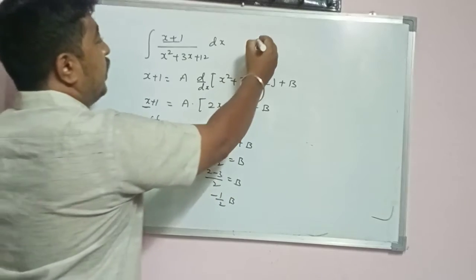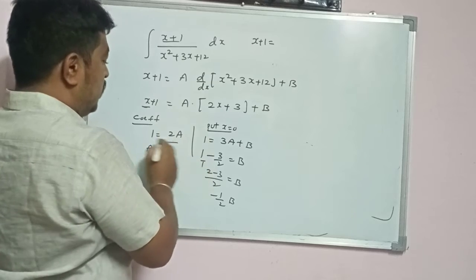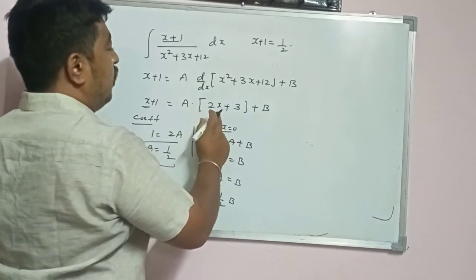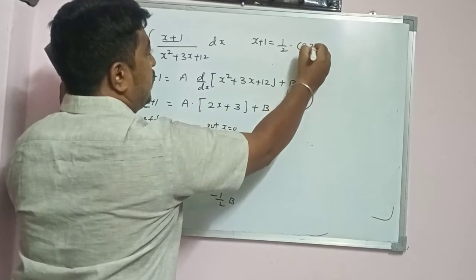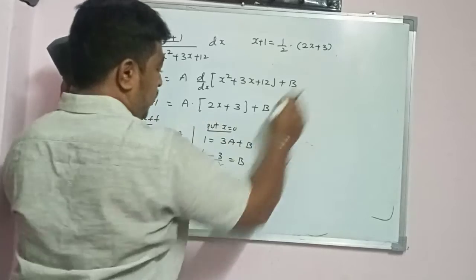What is the x + 1? x + 1 is nothing but A value is 1/2, that is 1/2 into (2x + 3) plus B value, minus half.